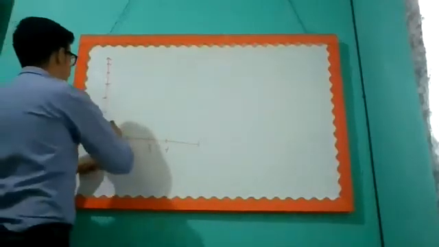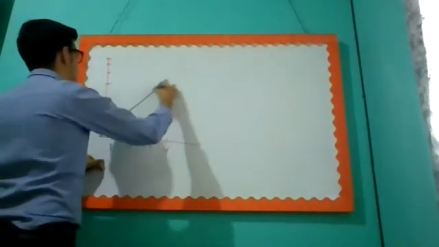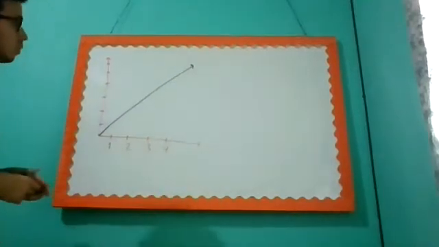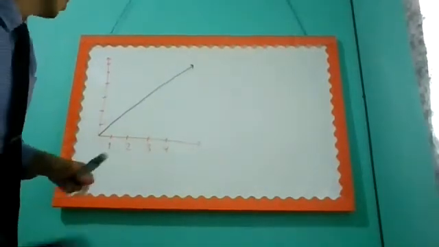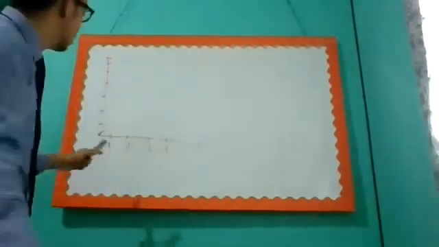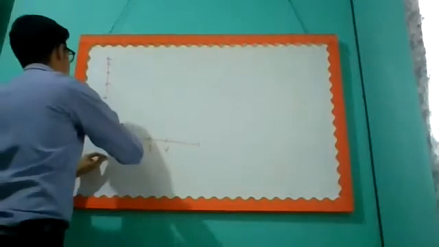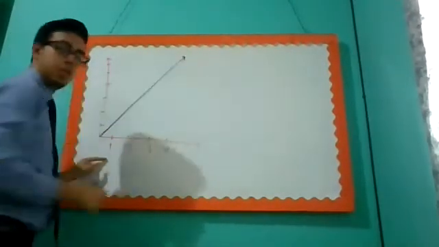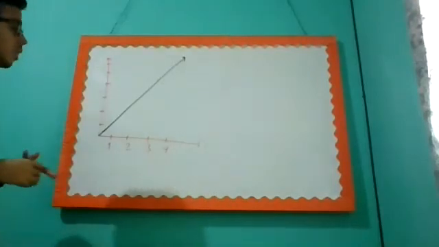But you can see that the graph is a straight line. It's not completely straight. I'm going to draw it again. It has to be a straight line. I think this is better. Okay.